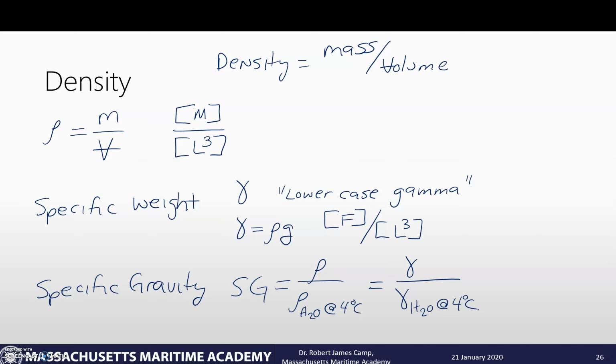And so the density of H2O at 4 degrees C is going to be 1,000 kilograms per meter cubed. I typically do that one in the metric unit because 1,000 kilograms per cubic meter is pretty easy to remember.